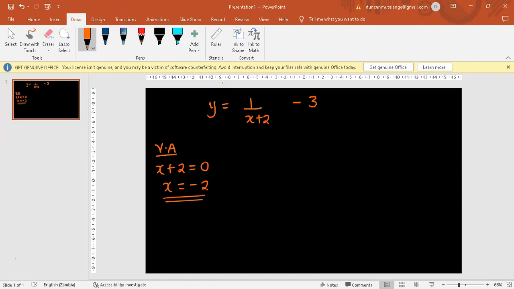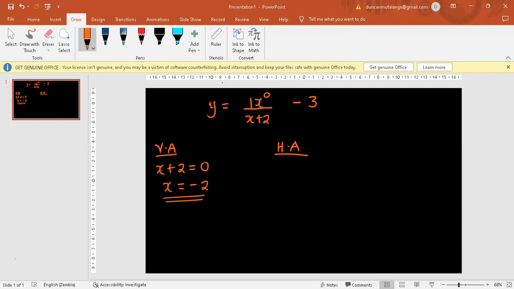What about the horizontal? The horizontal asymptote, when you have a separate number here, it's going to change a bit. You find it the same way. We know that there's a 1 here, so this is the same as x to the power 0, isn't it? Because any number raised to the power 0 is 1. So whenever you just see a constant, it means there's x to the power 0 there. I believe you know this.